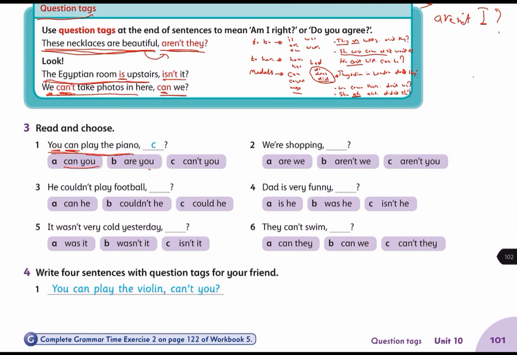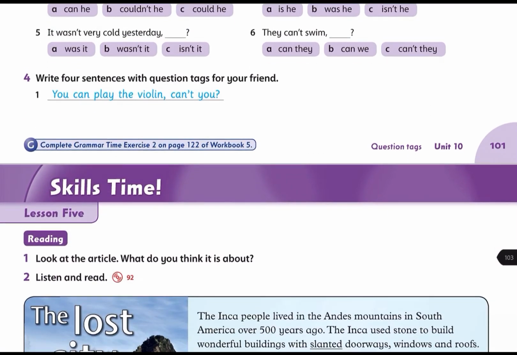Which one is correct? Can you? No, of course, because it is positive, it should be negative. Are you? No, because here we have can. How about can't you? Yes, can't you is correct because it is negative. So please do the rest and send me the pictures of it.